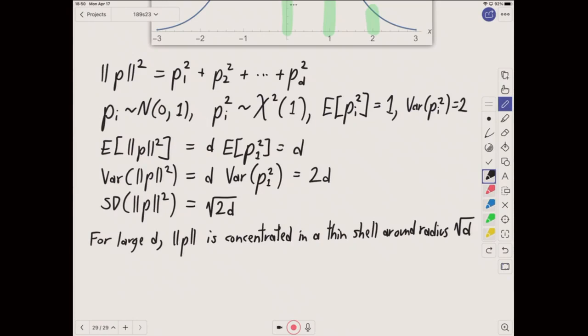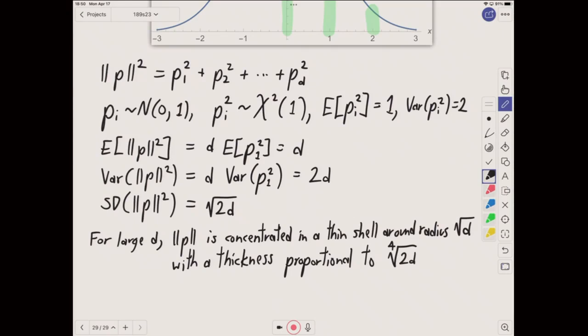And that thin shell is going to be, I guess that's not a good place to write that. The thickness of that eggshell is going to be proportional to the fourth root of 2D. So this is not the square root, this is the fourth root.